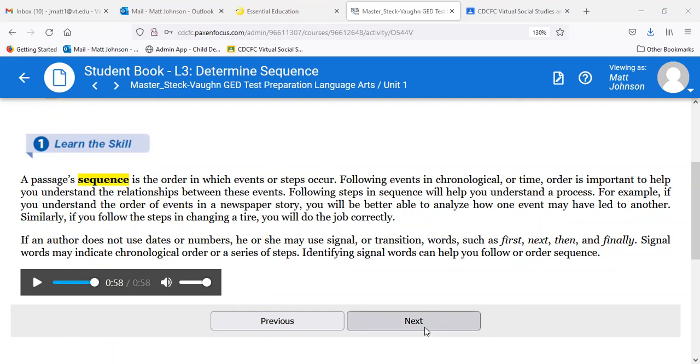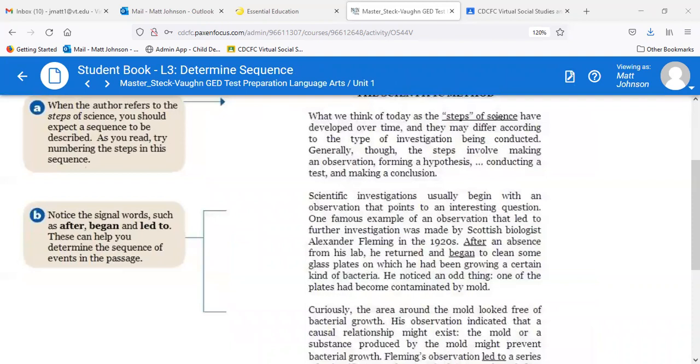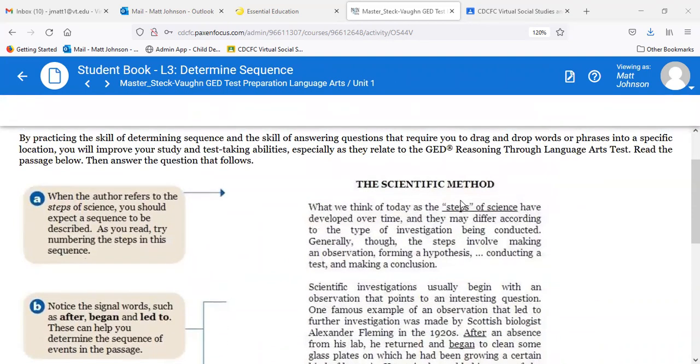So let's see here. We've got a little text. Go ahead and read that, and then we'll get to the text box. So here we're talking about the scientific method, right? Just like before, we want to make sure that we take note of the title of a piece that we're reading.